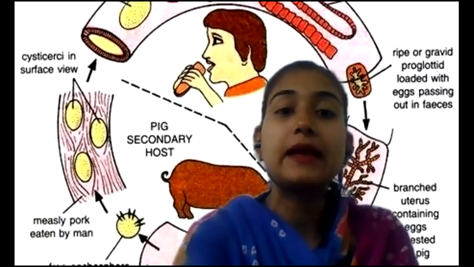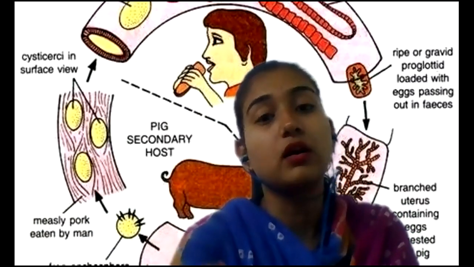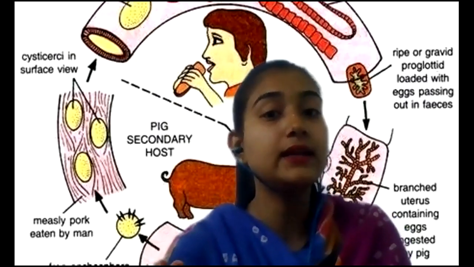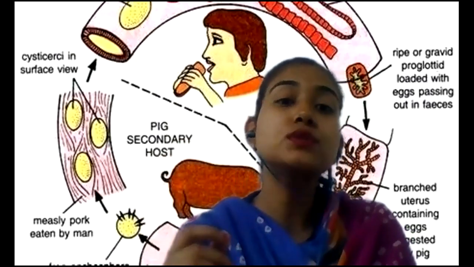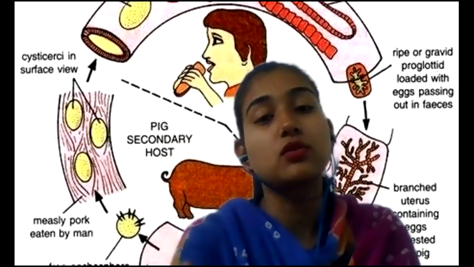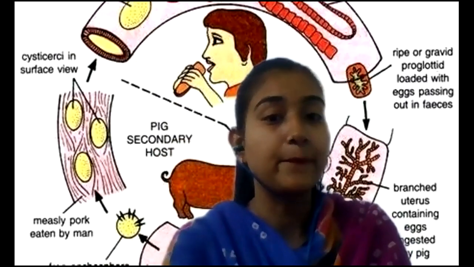The embryonic egg contains the oncosphere, a larva that will penetrate the intestinal wall after the egg is swallowed by the intermediate host. The oncospheres have 3 pairs of hooks, which make it easy to identify them.